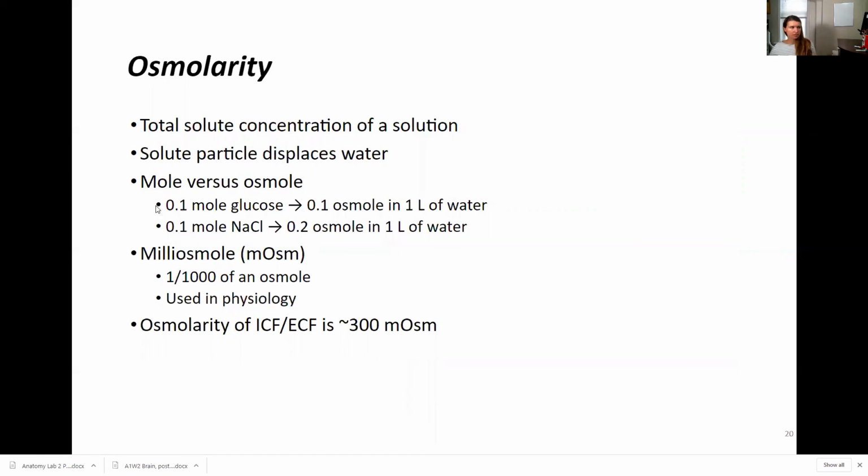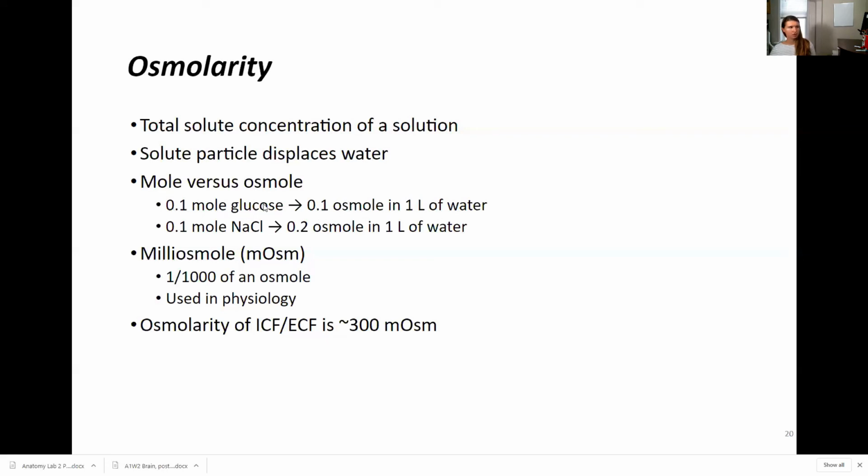This means that when we're calculating osmoles, we need to think about the chemical properties of the substance we're talking about. If we have 0.1 molar glucose, so 0.1 moles of glucose in our little beaker of water, then we have 0.1 osmoles in that water.